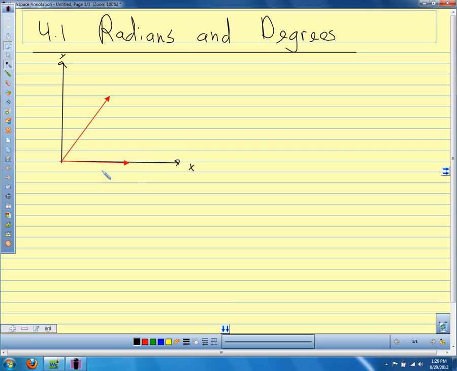So usually we call this side of the angle, it's along the x-axis. We start on the x-axis just to make it easier. This is our initial side. We call this side of the angle the terminal side.